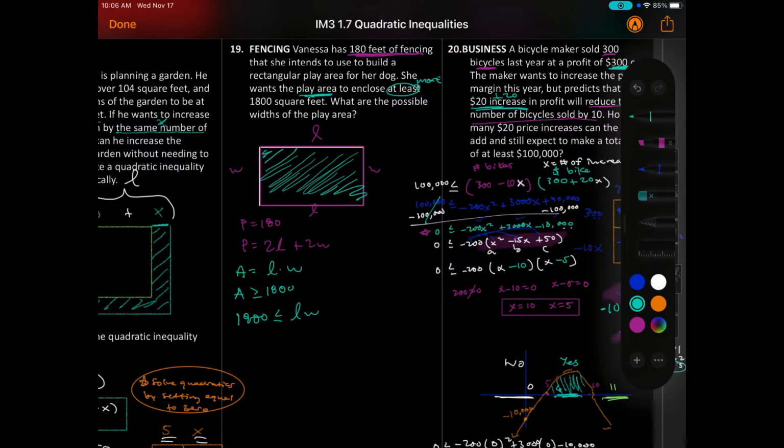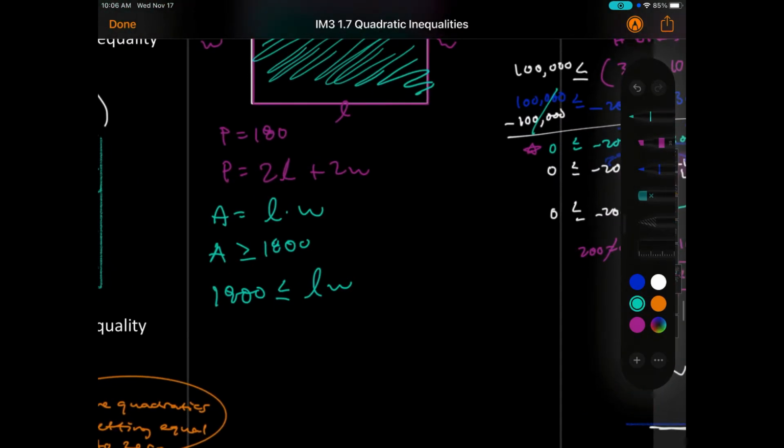Okay, so what we're trying to do here is get a quadratic inequality. And you'll notice I have 2 variables, actually kind of like 3. Now, this one has 2 variables, length and width.